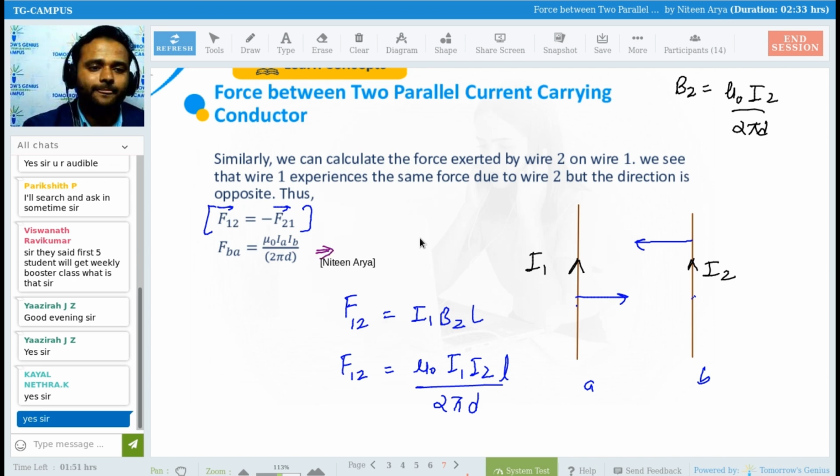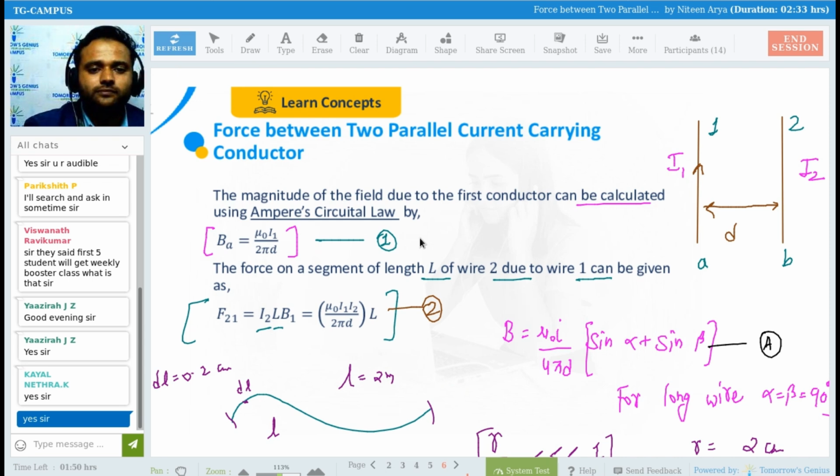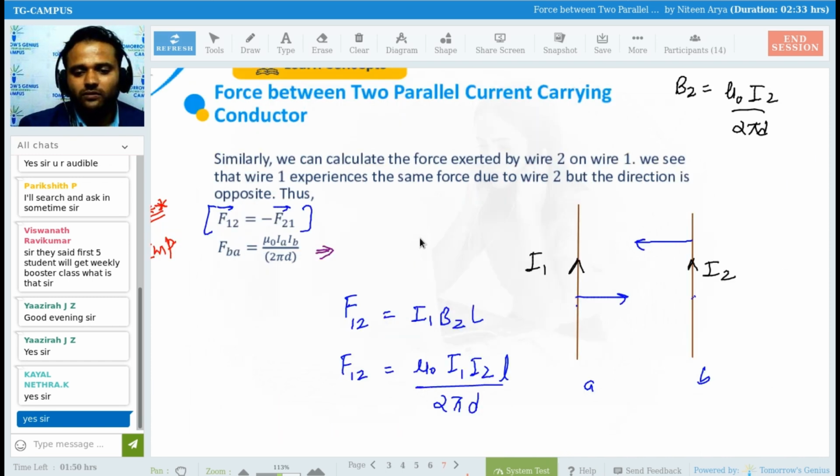Is this clear? Okay. So this is a very important formula first of all, and this is a little bit confusing too. This one also, or this page also. Okay. Is this clear, everyone?